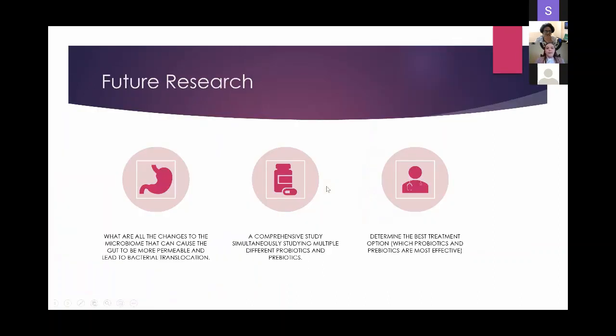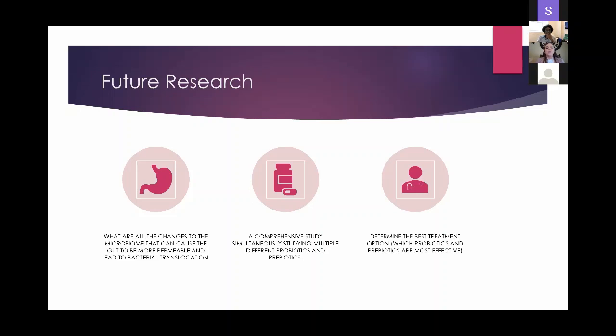So for future research, get a more comprehensive idea of all the changes to the microbiome that can cause this increased gut permeability. I gave one example, but I'm sure there are more.